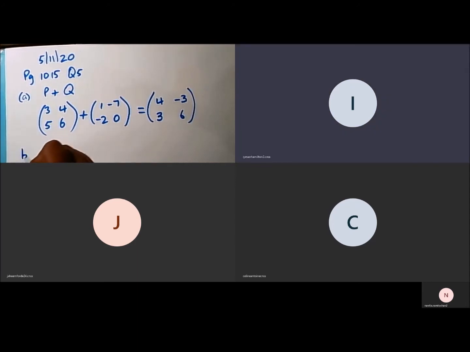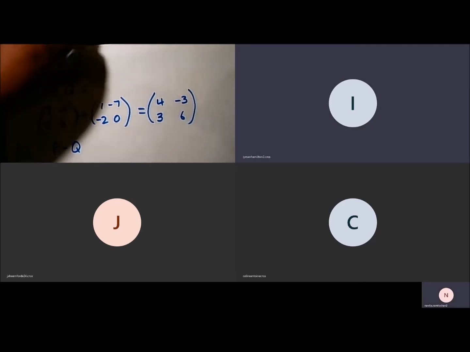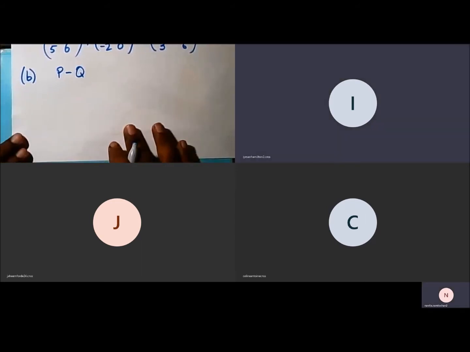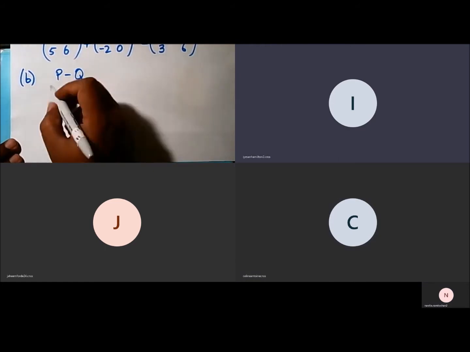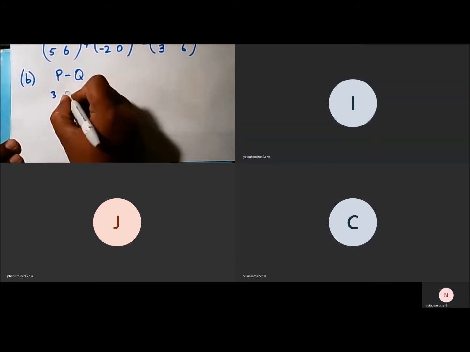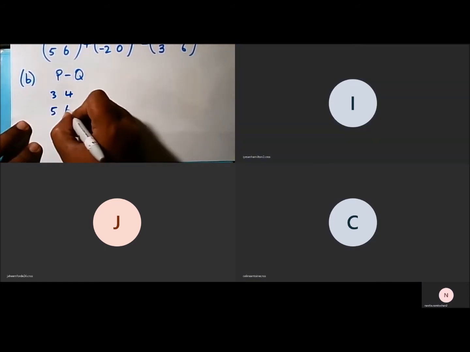Moving on for B now. B is P minus Q. So P is 3, 4, 5, 6.